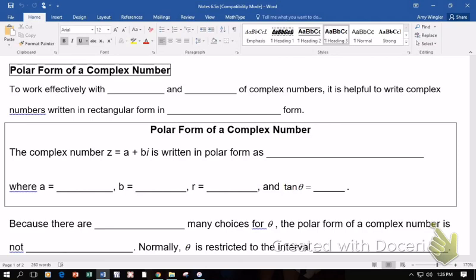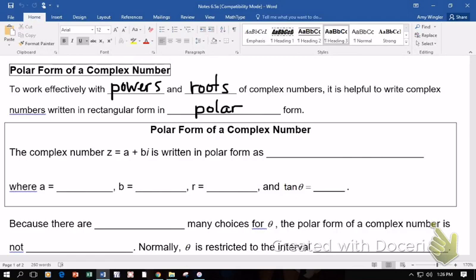We're going to talk about the polar form of a complex number now. To work effectively with powers and roots of complex numbers, it is helpful to write the complex numbers written in rectangular form in polar form. So we're going to learn some new formulas to do this.